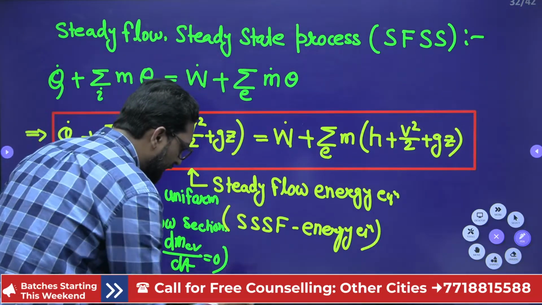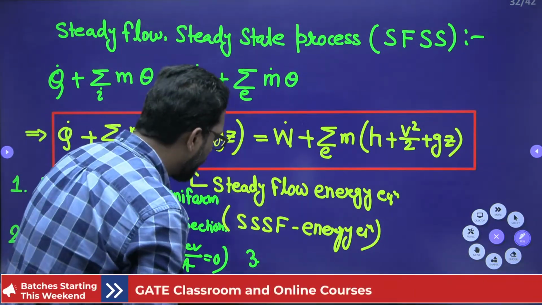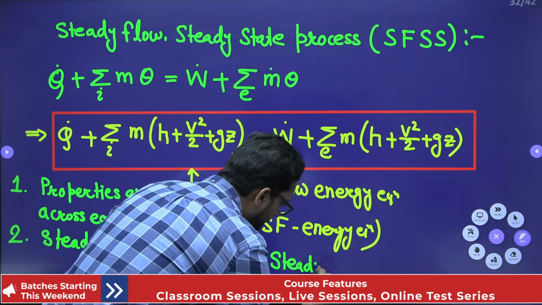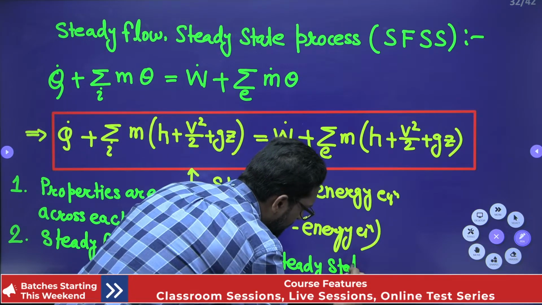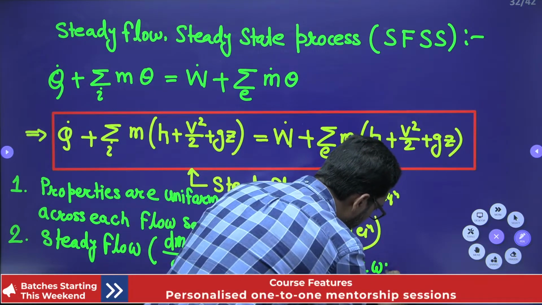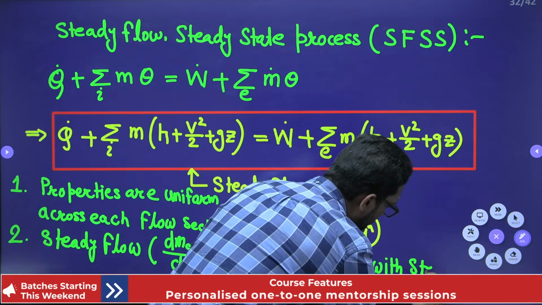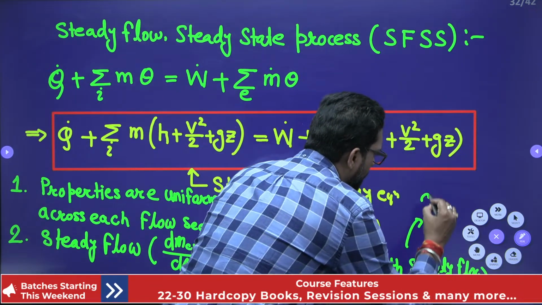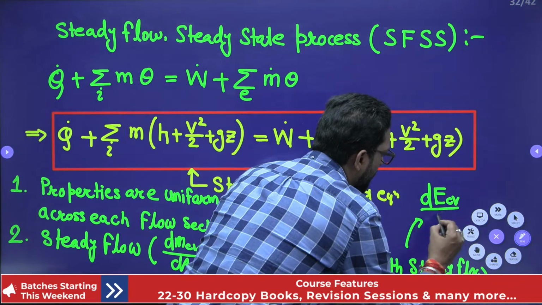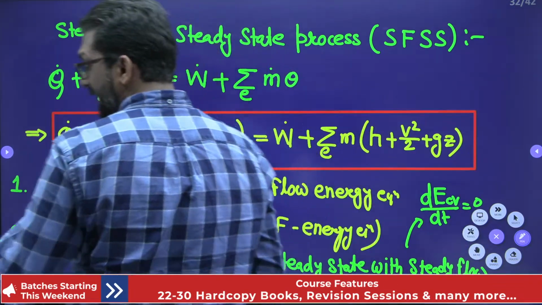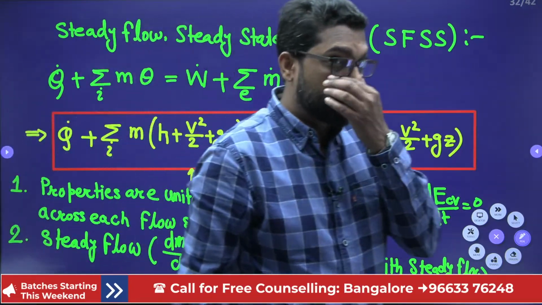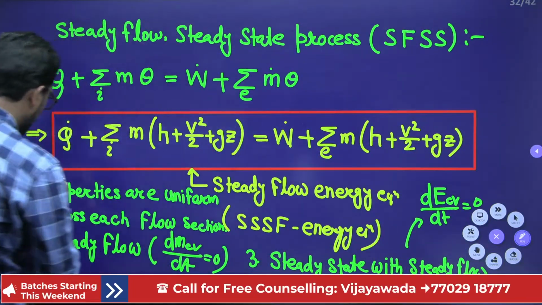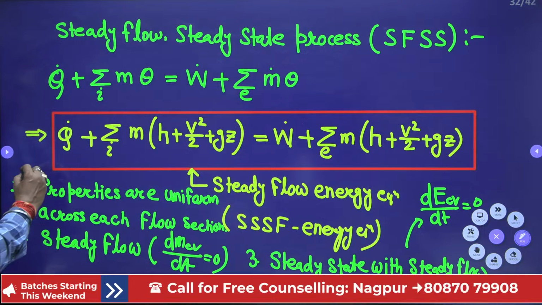And third one is steady state with steady flow, that means dE_cv by dt is equal to 0. These are the three assumptions in which the steady flow energy equation is applied. They are very important. These are the assumptions, okay?